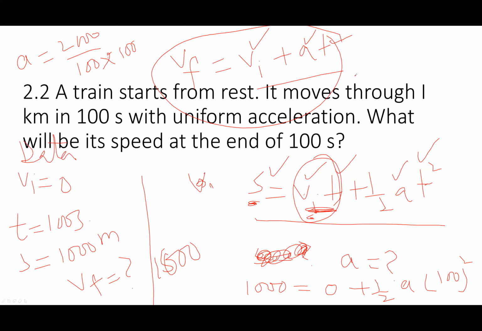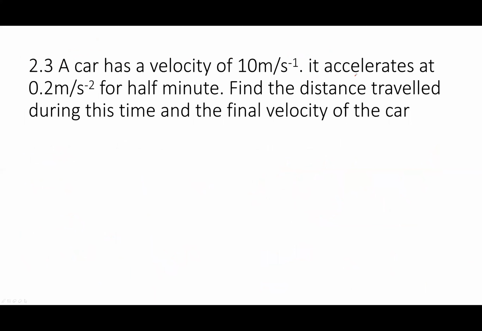You can find it. Now a car has a velocity of 10 meters per second. So initial velocity is 10 meters per second.